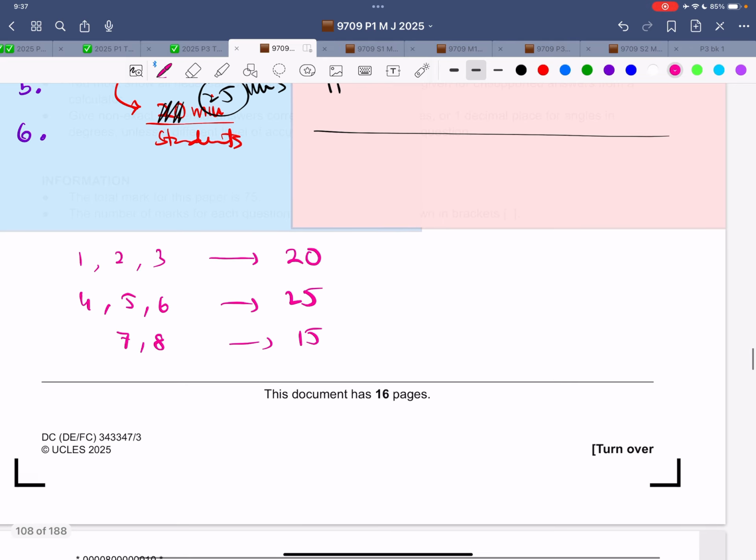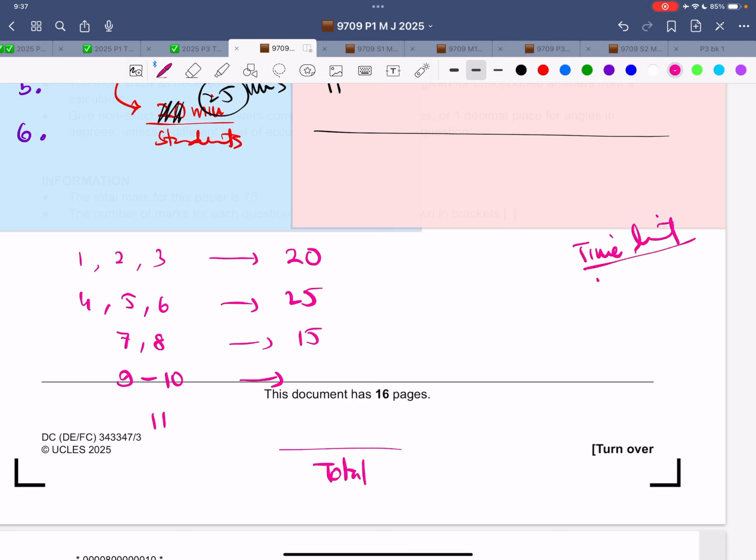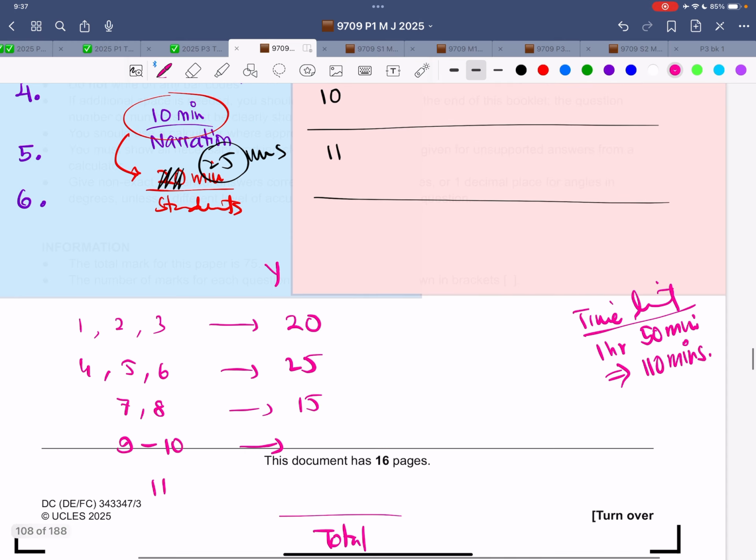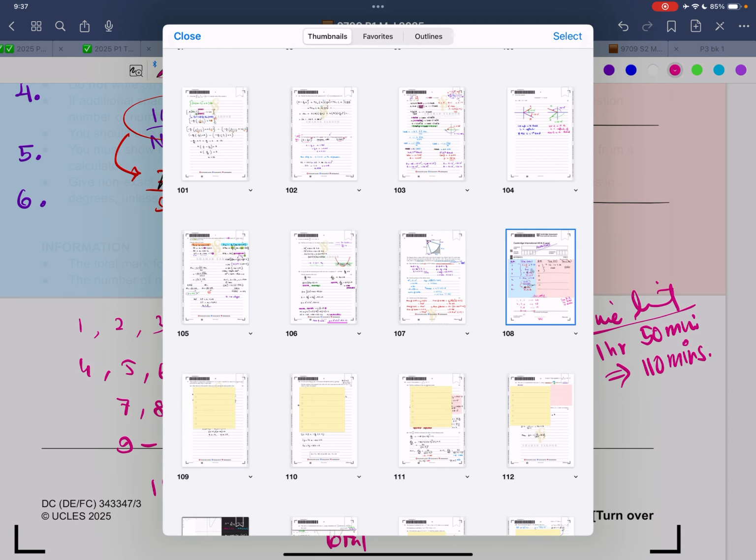And then we would add to it 9 and 10, and then we would add to it 11, and then we will total, because the time limit that is given to you is 1 hour 50 minutes, 60 plus 50, that is 110 minutes. And let's see how much time will be left. This is your working time, not my working, with all the relaxation, all the tension and everything associated with it.